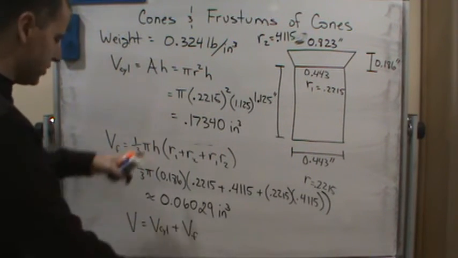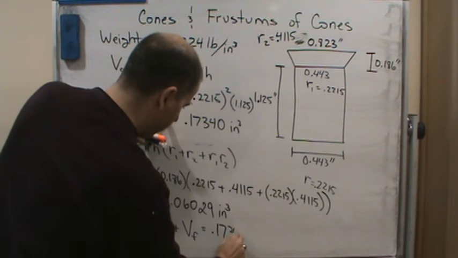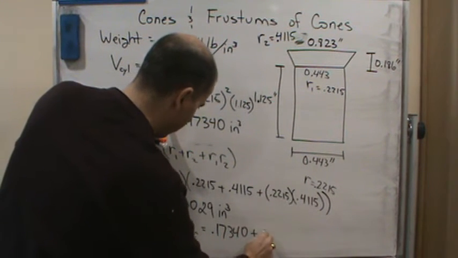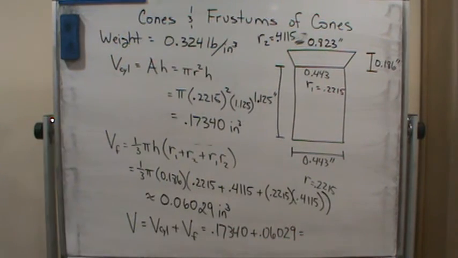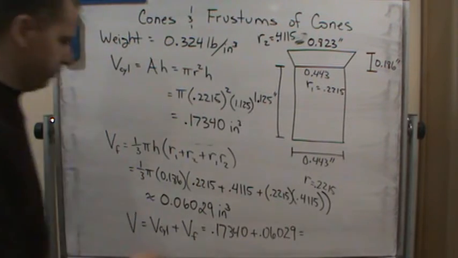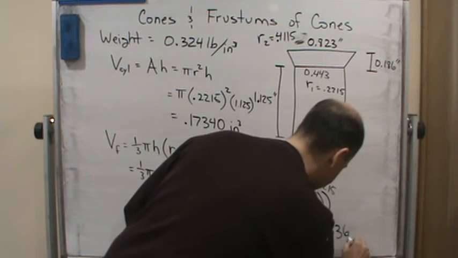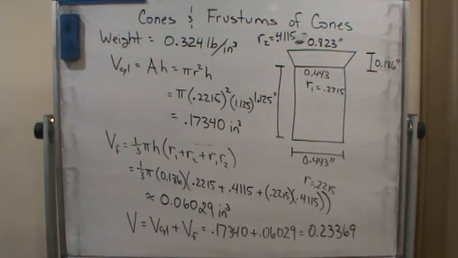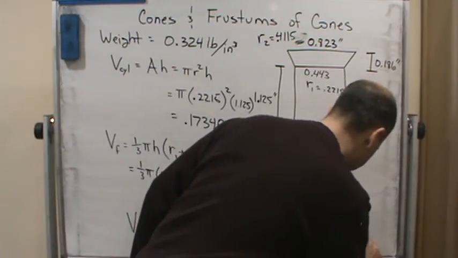So we add 0.17340 plus 0.06029, and we get a total volume of 0.23369 cubic inches.